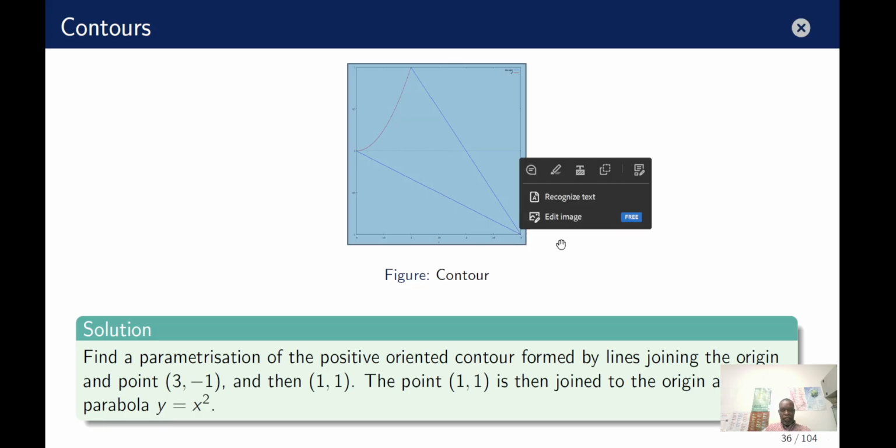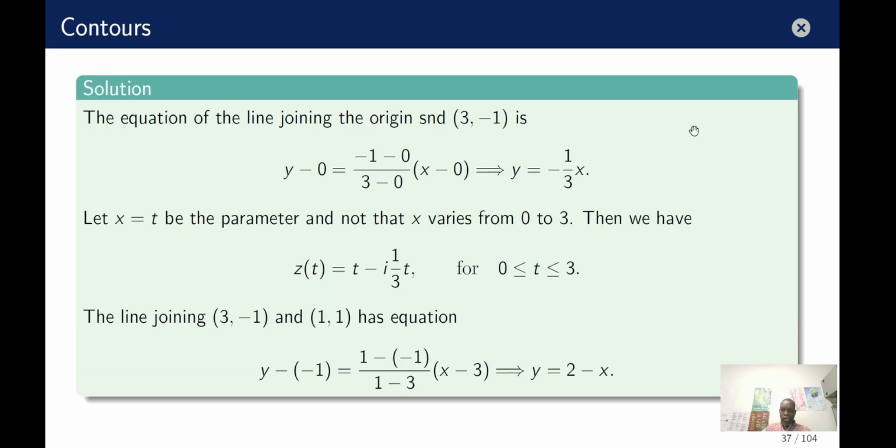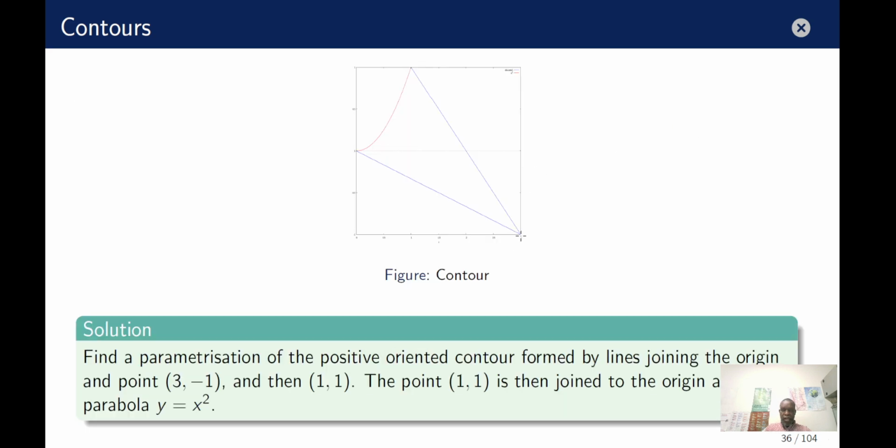Then from that point up to that point, you get another line. Then we have a quadratic part, this curve. I think this is a quadratic.